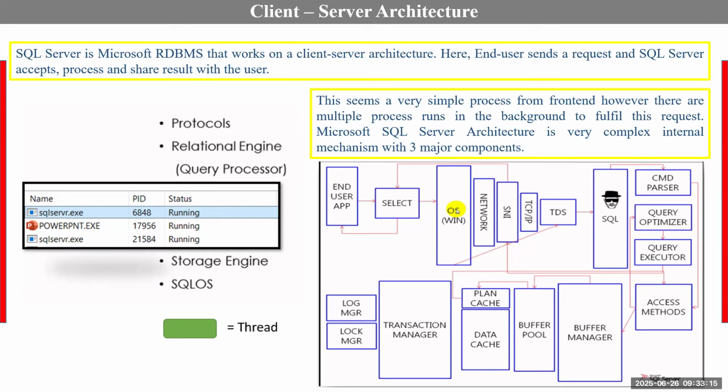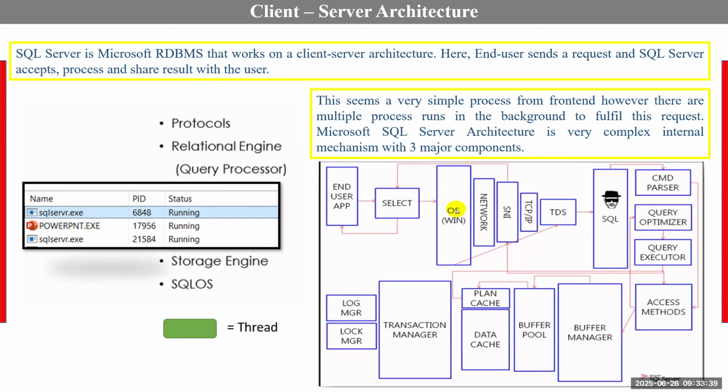To brief about the components, the command parser will check the syntax, check the semantics, and bind the request, prepare the query plan, and check the query plan. The optimizer will prepare the execution plan based on security and cost, and the query executor will send a request to the access method via ODBC.